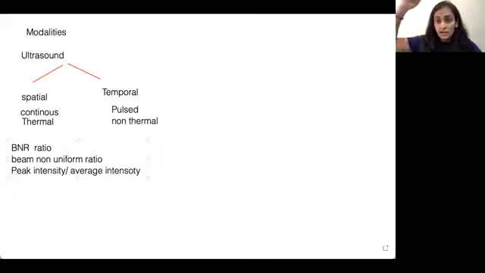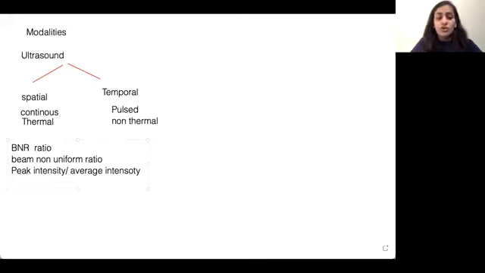So when it reaches the highest, that is called your peak intensity. And average intensity is the one that you're giving, almost the average that is going to stay. So what is a beam non-uniform ratio? It is the ratio of your peak intensity divided by your average intensity.